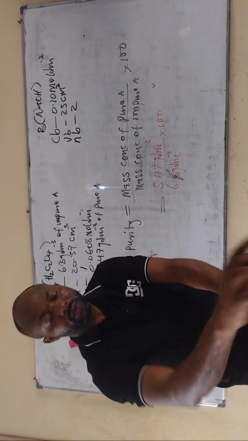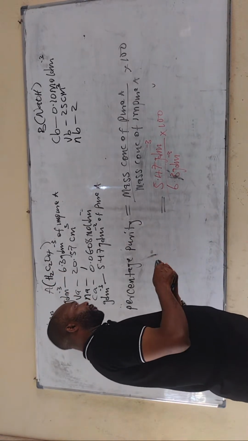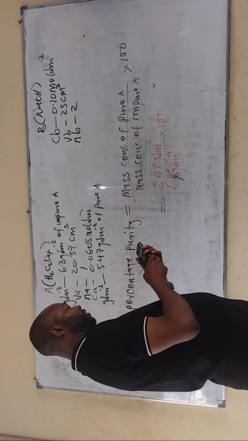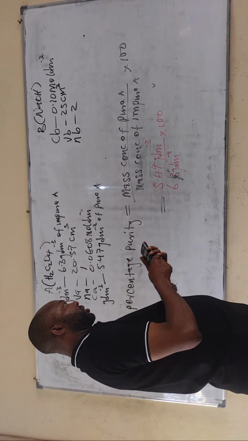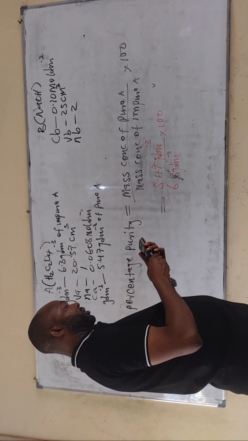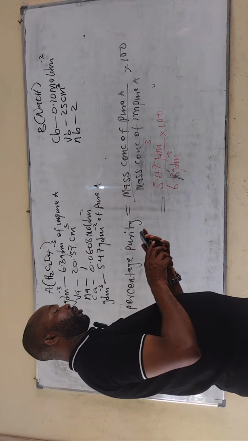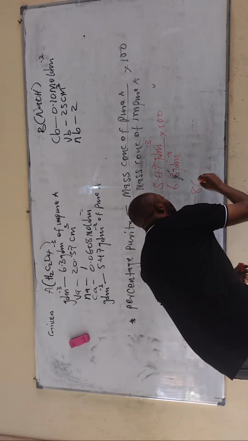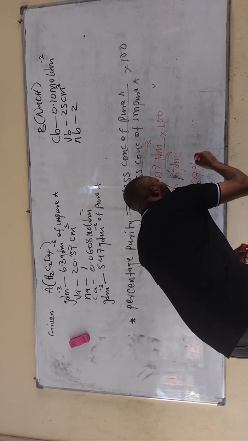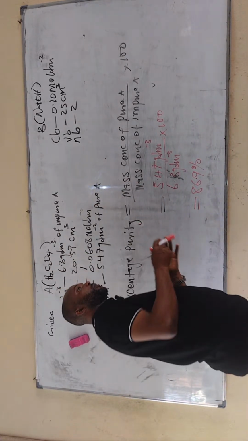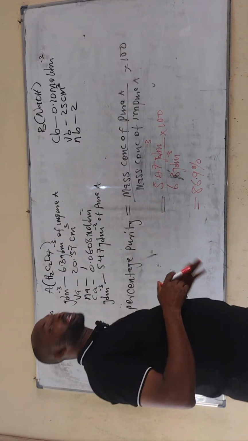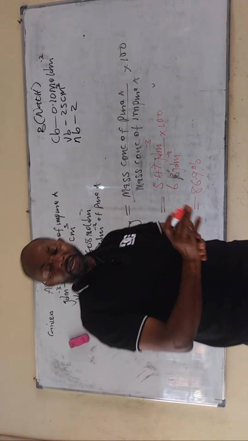So now what do we have? 5.472 divided by 6.3 times 100. That gives us 86.9. This is 86.9% pure. We're looking for percentage purity. The compound is 86.9% pure at the end of the day.